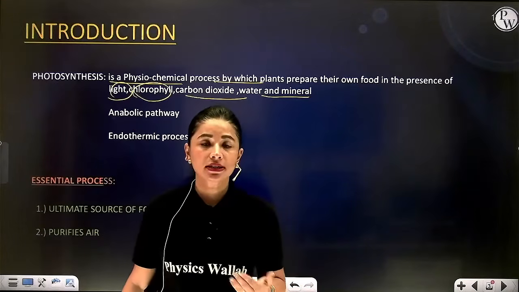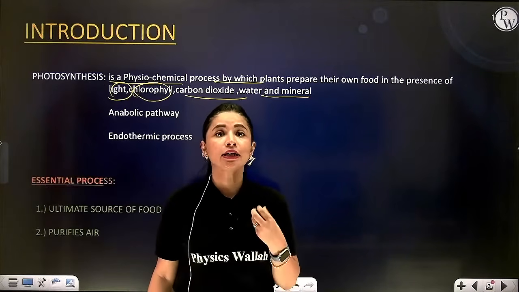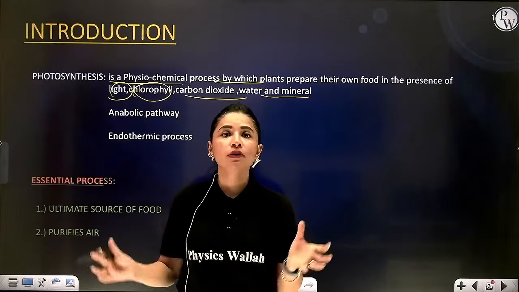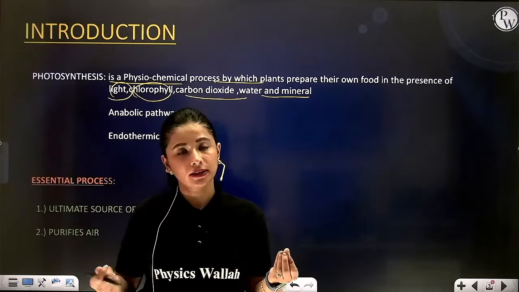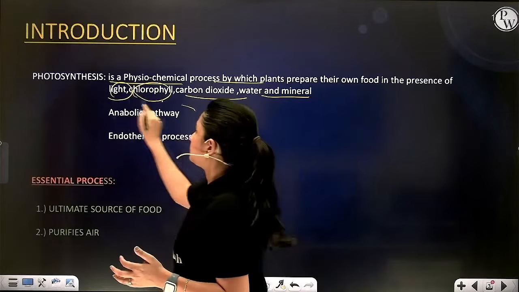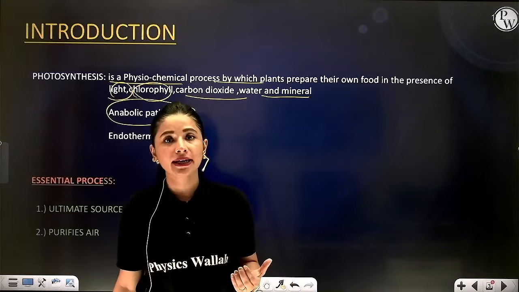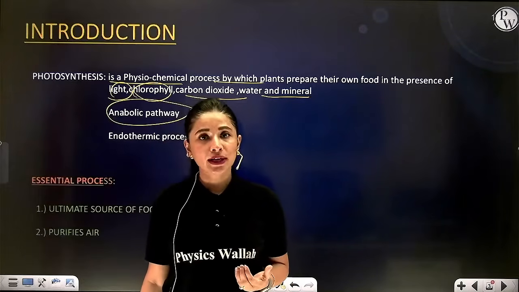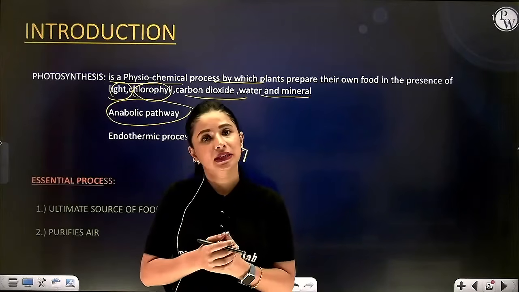During this process, you are synthesizing glucose with the help of some simple substances like CO2 and water. Therefore, photosynthesis overall is an anabolic pathway. Anabolic means the process by which you produce a complex substance with the help of simpler substances.